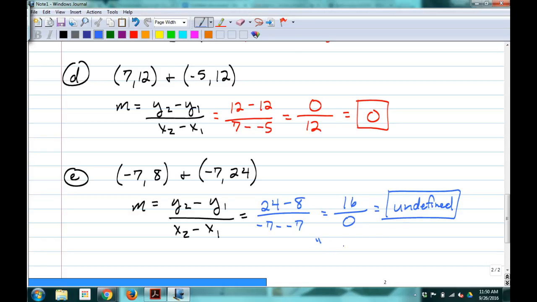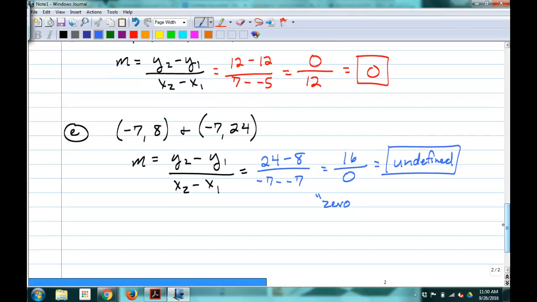A little limerick I've used for, well, I've been out of school 16 years this year. Took Algebra 1 as an 8th grader, so that'd be 20 years ago. 0 under the line is undefined.